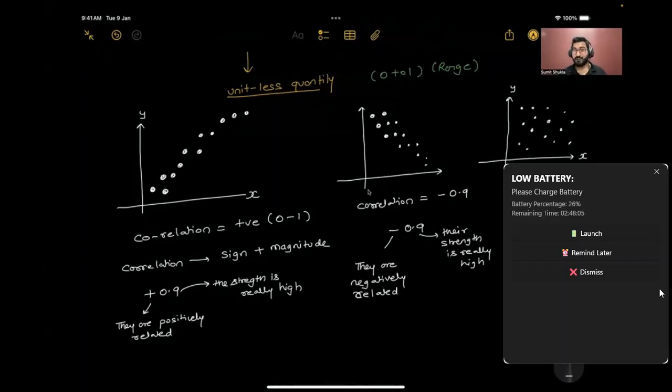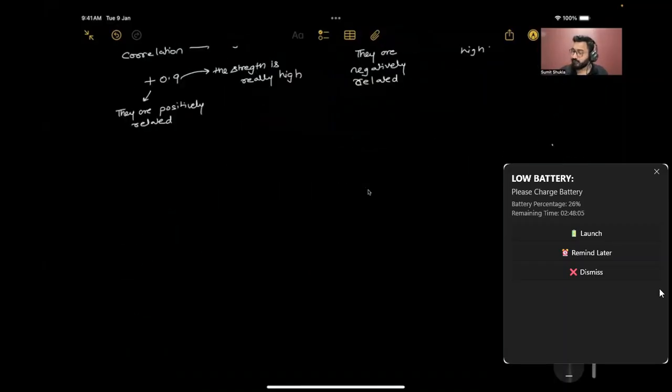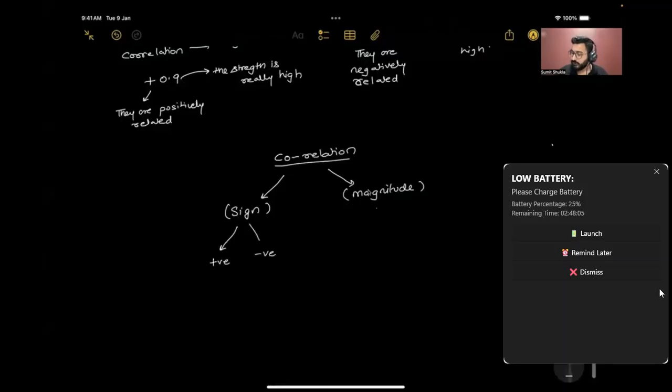Now using correlation, I have a range between 0 and 1 where, if the value is closer to 1, that means... or let me write it down. So when we talk about correlation, we have two things. Number one, your sign. Second thing is your magnitude. Now the sign can be positive or negative, and this magnitude can be between 0 to 1.